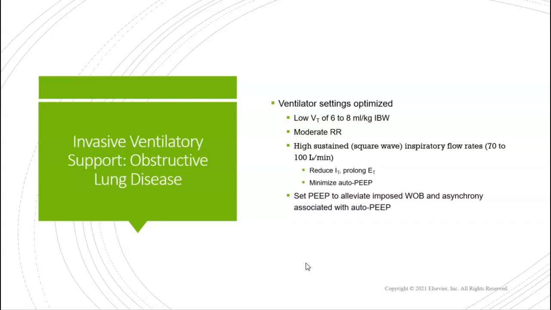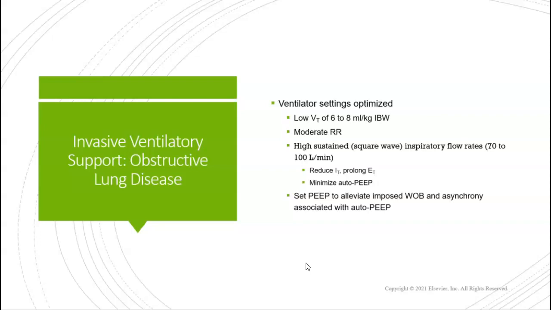We're going to do that to try to overcome things like airway resistance and lung compliance issues. So, a big thing with using high flow rates is that if I'm getting the breath in faster, that volume gets delivered faster. That means my inspiratory time is shorter, which is huge when it comes to our COPD patients because we want a longer expiratory phase.